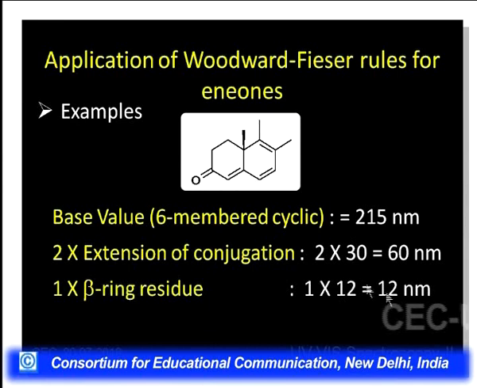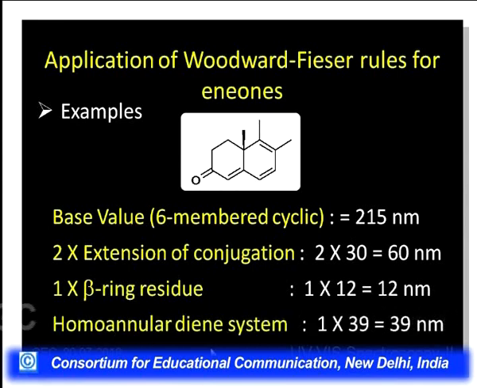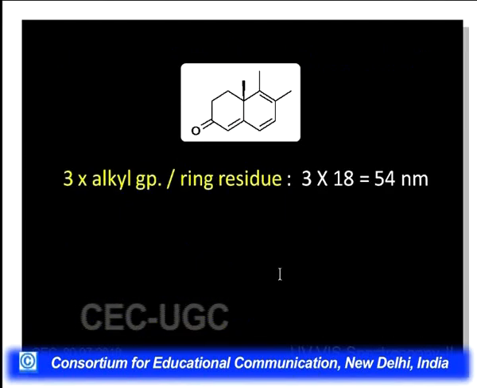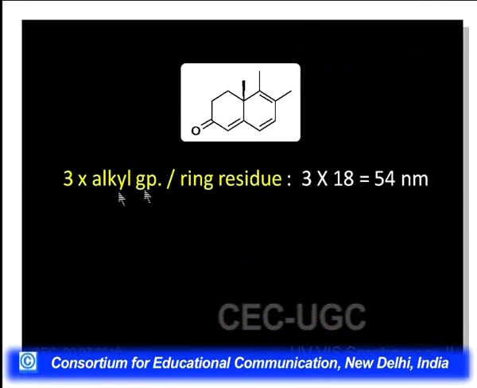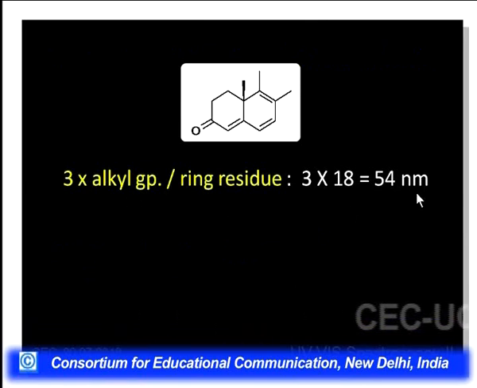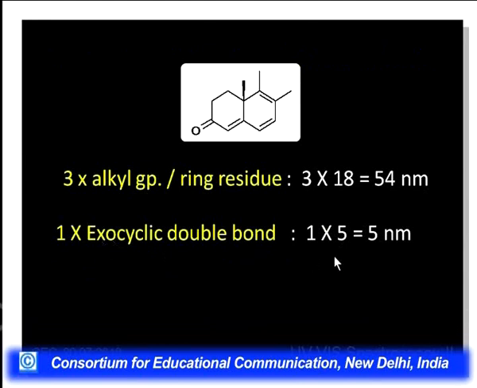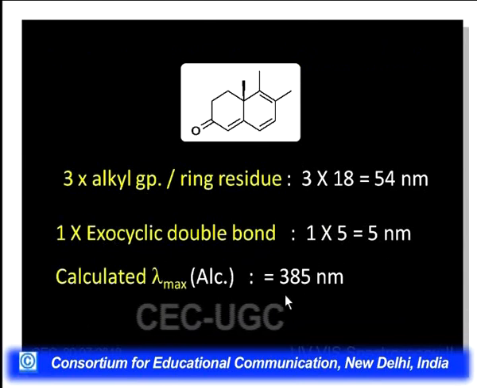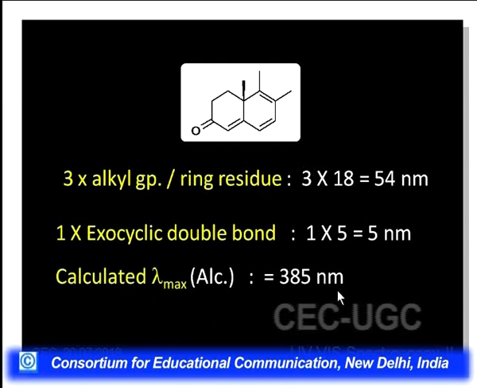Then one beta ring residue, again 12, and this is very interesting, that is a homoannular diene system, because extension of conjugation was 1, but now this extended conjugation happens to be part of a ring. So that's why there is addition of 39 nanometers more, and then there are 3 more alkyl groups, that makes it 54, and then one exocyclic double bond makes it 5. You can see that this is an exocyclic double bond. So the value comes out to be 385 nanometers.